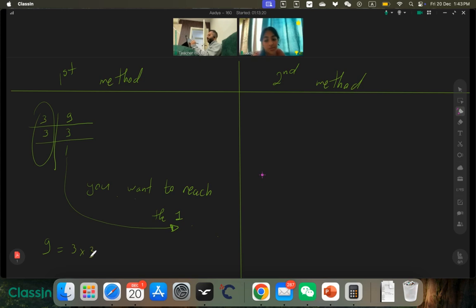Now, you know that 9 is 3 times 3, so it's 3 squared. It's the same outcome: 9 divided by 3 is 3, and 3 divided by 3 is 1. So I have two 3's here. So 9 is equal to 3 times 3.